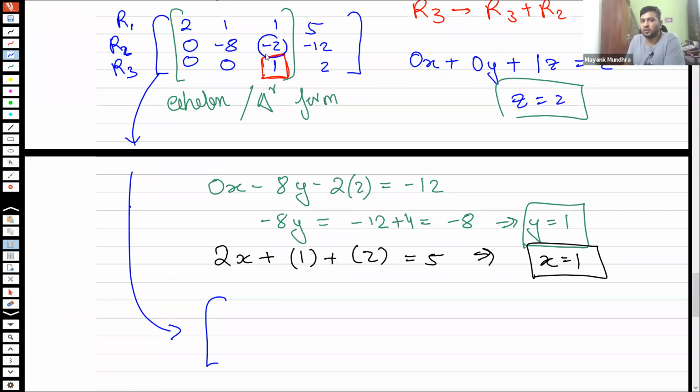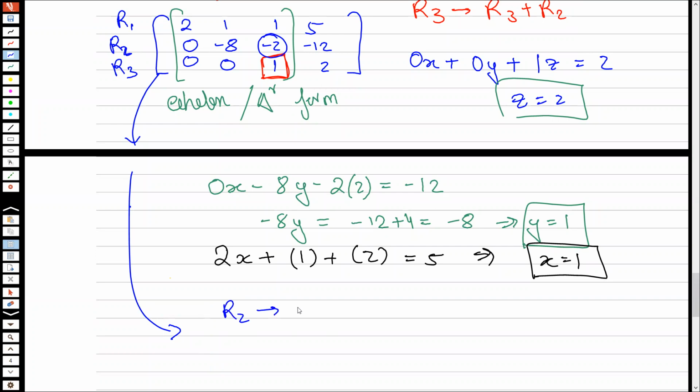First of all, what operation should I do to make this minus 2 into 0? In terms of rows, what should be the operation? Row 2 goes to 2R3 plus R2, or R2 plus twice of R3. Right?